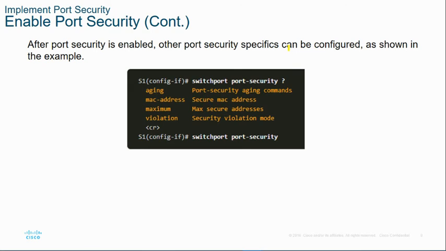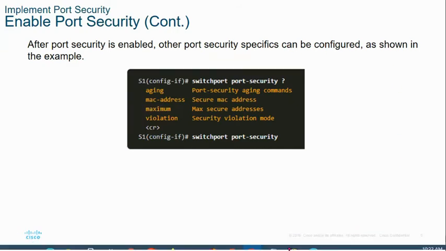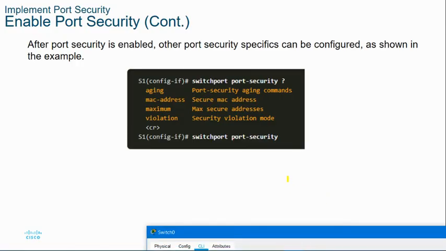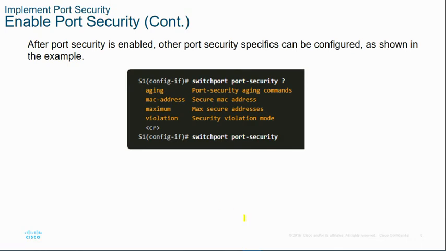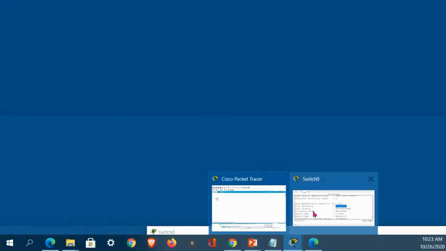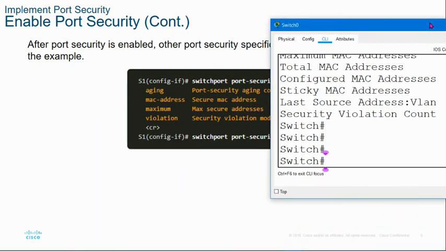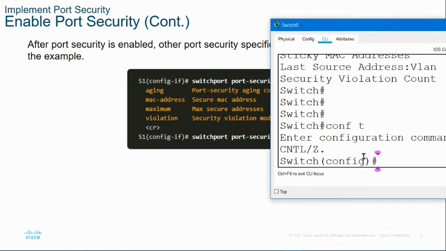Now, what are the options available in the switchport port-security command? Let us go to the Packet Tracer. Config t, interface F01.